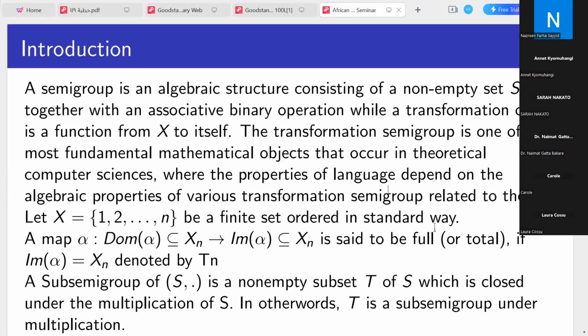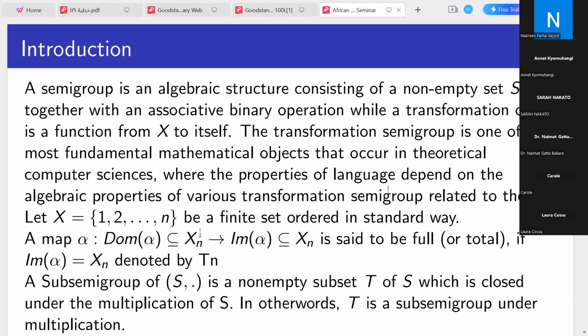We are comparing the domain of alpha, which is a subset of S_n, mapping to the image of alpha, which must equally be a subset of the set. A transformation is full if the im of alpha equals S_n. This is telling us how to know the transformation that is full. Whenever this property is satisfied, that is, the im of alpha equals S_n, then you are already talking about a full transformation. And that is the semigroup we want to work on.